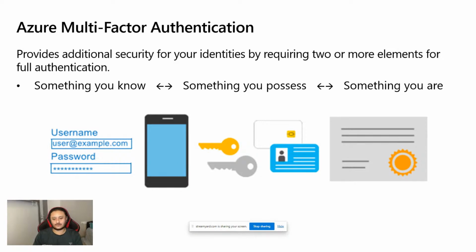After you pass your username and password, you have to enter the multi-factor authentication. Once you enter that, it goes to Azure Active Directory, which validates everything, and then it provides you access to that particular resource.